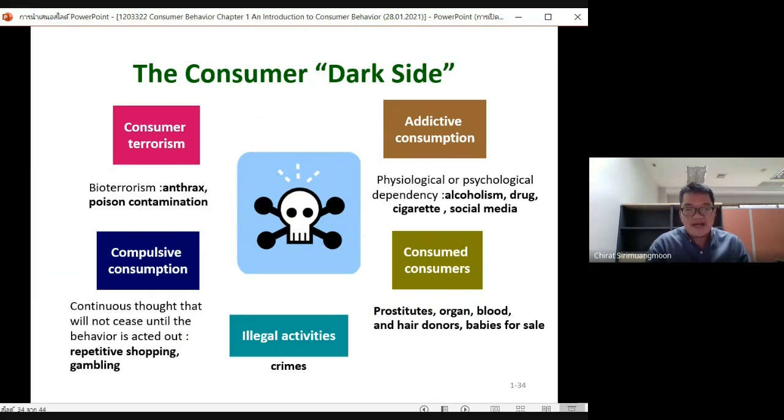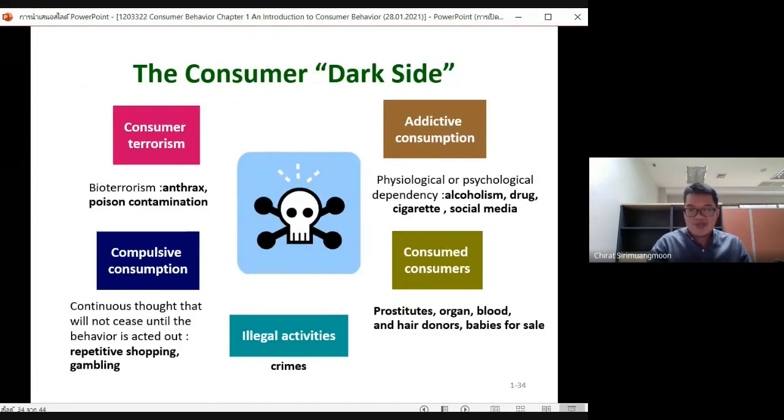The last one is compulsive consumption. Compulsive consumption has the character like continuous thought. So if you keep thinking about something and it will not stop until it's acted out, that is compulsive consumption. So for example, it's like shopping or gambling.